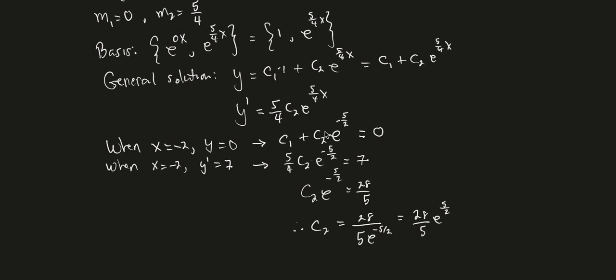And then look at what c1 is going to be. c1 is going to be the negative of c2 times this e, right? So c1 is the negative of 28 fifths e to the 5 halves times e to the negative 5 halves.